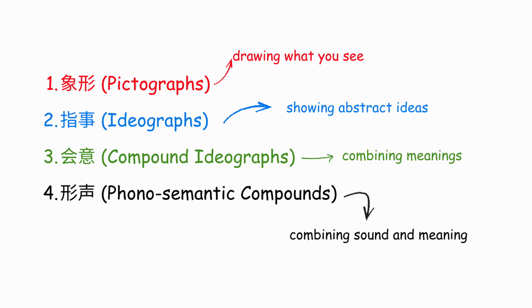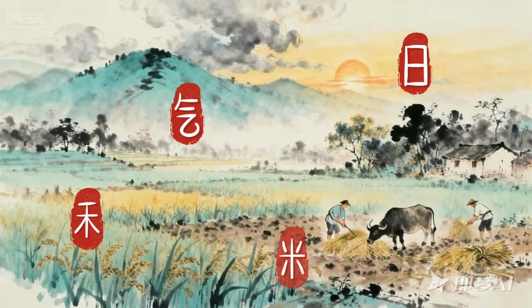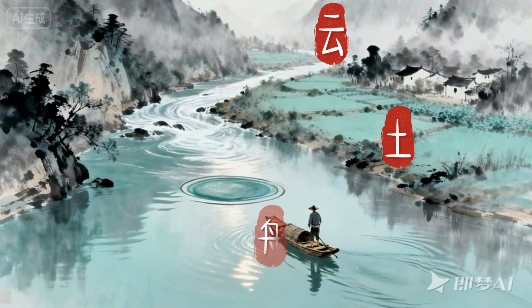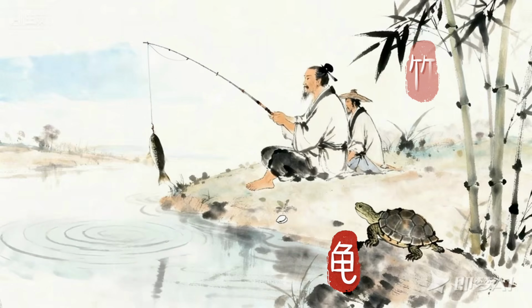These methods are not just the foundation of the entire Chinese writing system, but also a great way for you to understand the logic, creativity, and beauty of the language, and to remember the Chinese characters better. So next time you see a Chinese character, don't just think of it as random strokes. Think of it as a tiny piece of art, a story that has been told for over 3,000 years.